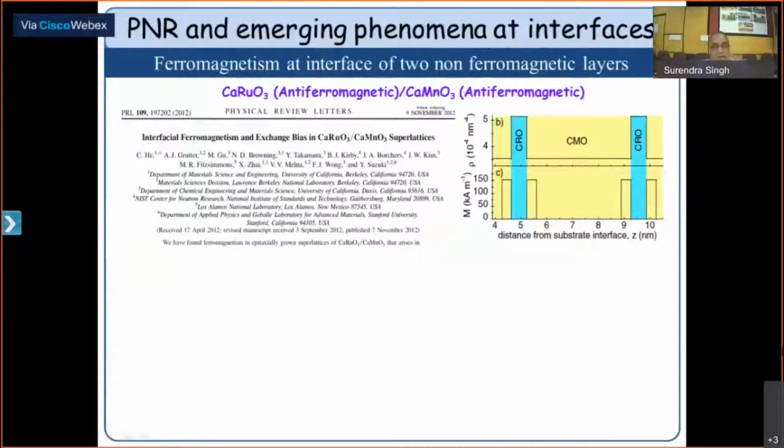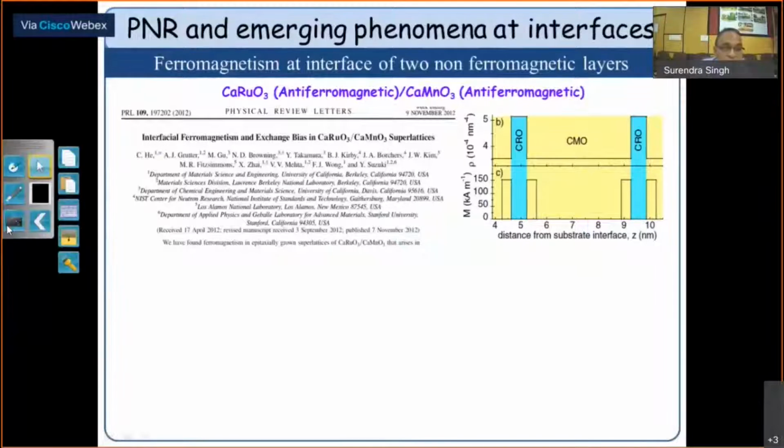As I was saying, there are phenomena at the interfaces which cannot be explained without using polarized reflectivity. One of the systems in the literature I have shown over here. This is a multi-layer of CaRuO3, which is antiferromagnetic, and CaMnO3, which is again antiferromagnetic.